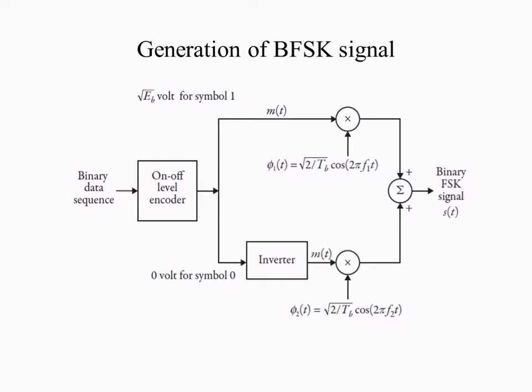Now let us see what happens when symbol 0 comes. 0 goes to the upper arm, it will multiply with phi 1(t) to give you 0. When 0 comes to the inverter, it will invert into 1 and will multiply with phi 2(t). So you will get output as phi 2(t) multiplied by m(t) from the downward direction arm.